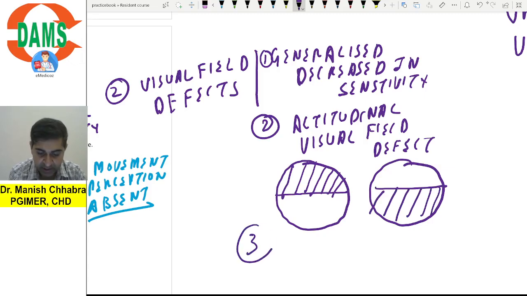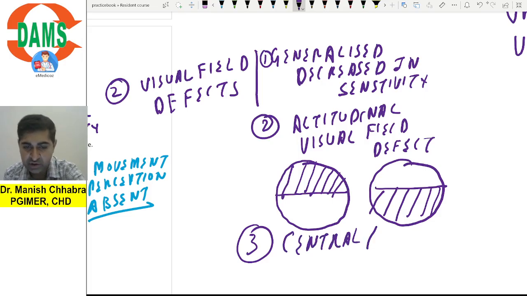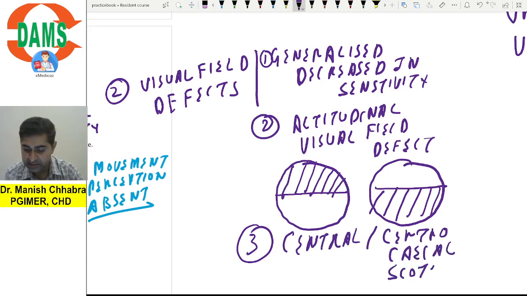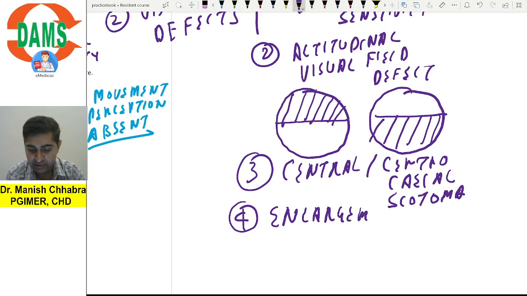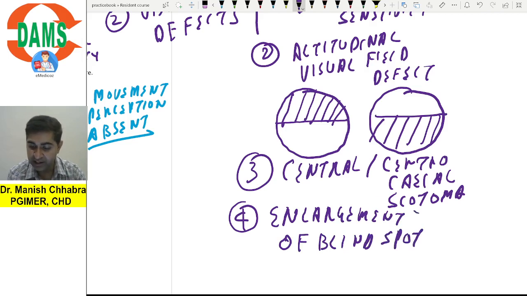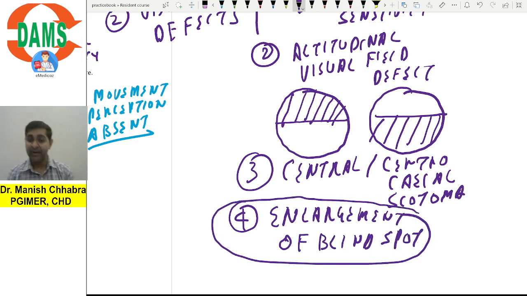Yes, there can be central or centrocecal scotoma. And lastly there can be enlargement of the blind spot. So enlargement of the blind spot is a very important thing, it can be asked.